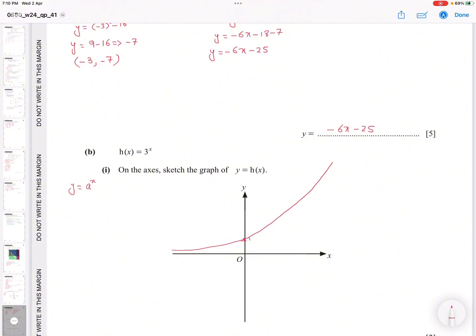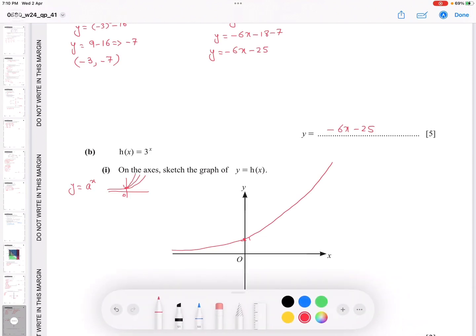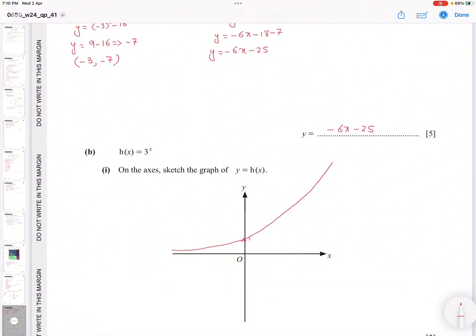So these sketches always cross at 1. And this 3, 4, 5 makes no difference, just the curve like this or this. So because it's a simple sketch, you can sketch it like this and it will be accepted by the examiner.